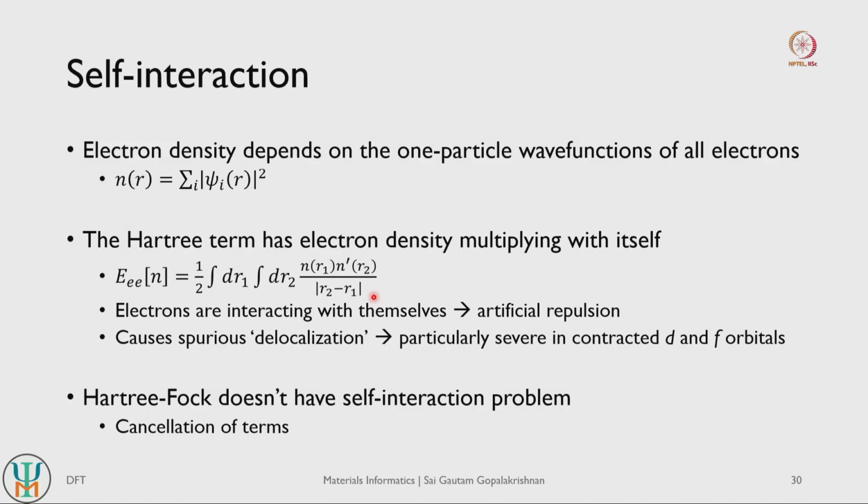So this causes spurious delocalization of electrons. Because of repelling with themselves, electrons are forced to occupy a larger amount of space, or delocalize, compared to what they should be doing in reality.